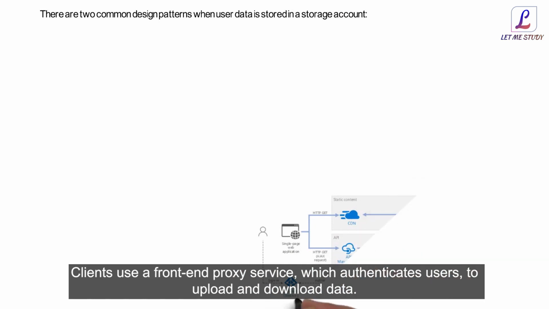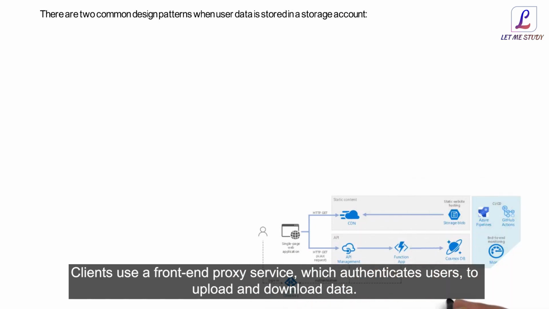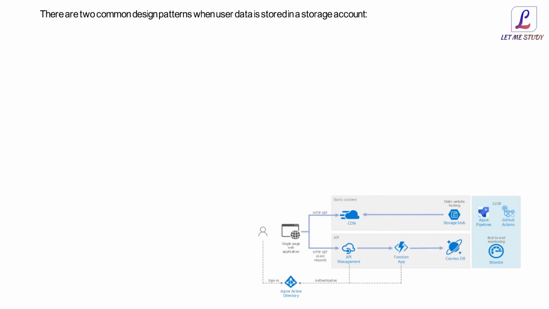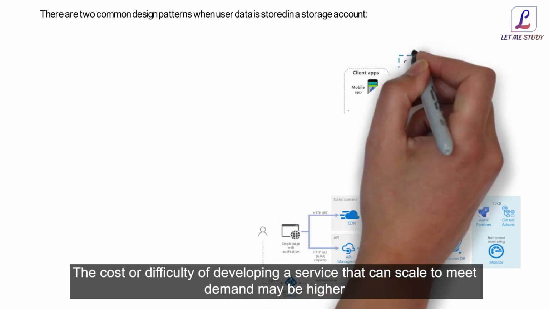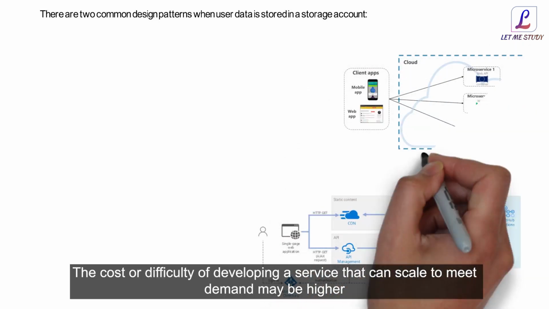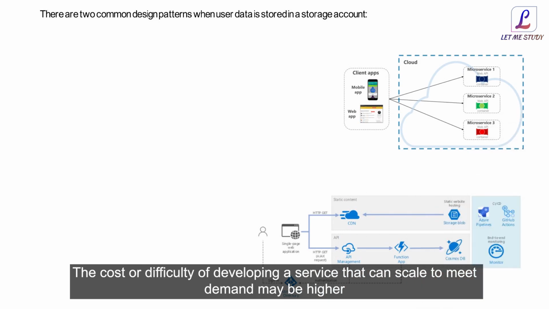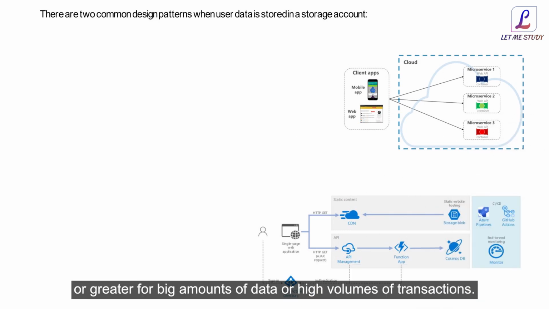First, clients use a front-end proxy service which authenticates users to upload and download data. This front-end proxy service enables business rule validation. The cost or difficulty of developing a service that can scale to meet demand may be greater for big amounts of data or high volumes of transactions.